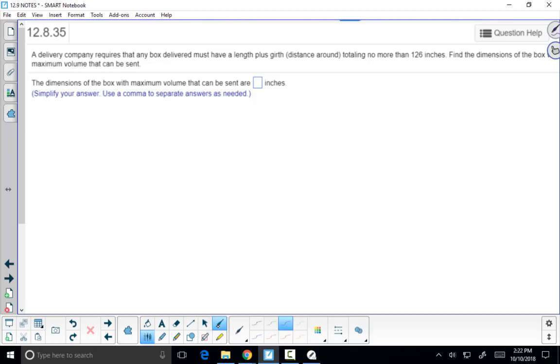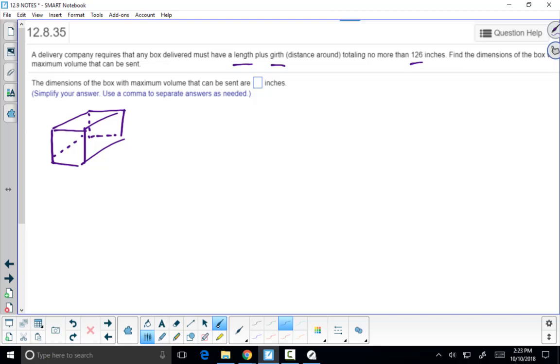We've got some sort of box. Let's get our quantities labeled just so we have a sense of how the different variables relate. All right, so we have the length plus the girth totaling no more than 126.